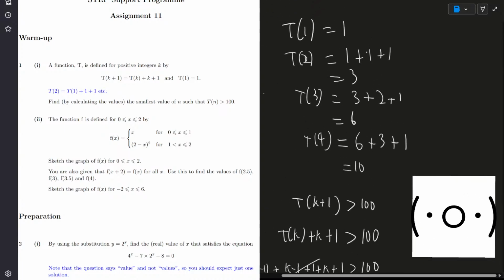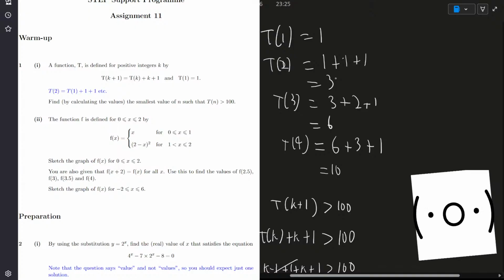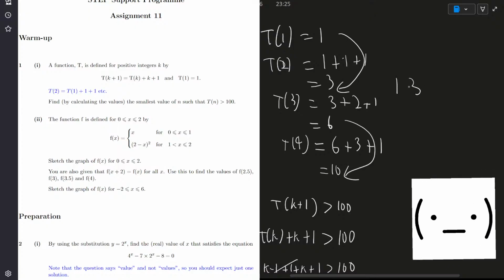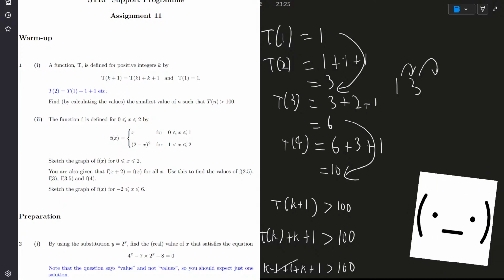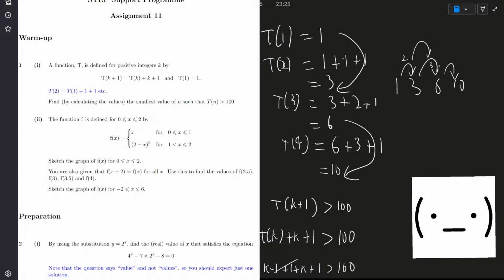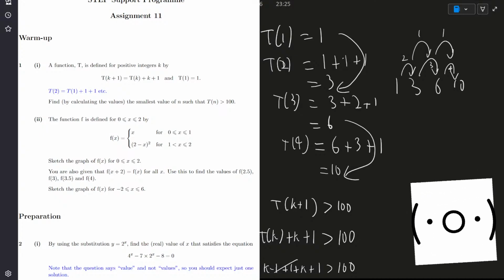Okay, wait, I think I have it. So, this is quite succinctly described by some kind of quadratic sequence, which is something that I thought of from the start, but I didn't say it, which I really should have. So this is 2, this is 3, obviously, this is 4. And so the increase from one of these is just 1.